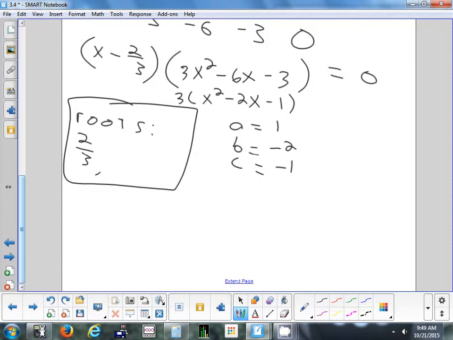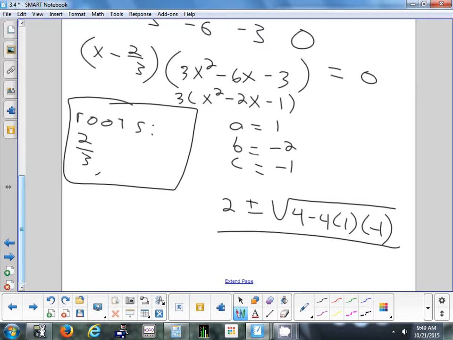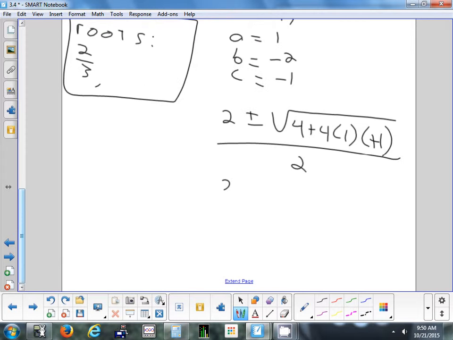All right, so we got negative b plus or minus the square root of b squared minus 4 times a times c, all over 2a. Minus a minus becomes a plus. 4 times 1 is how much? Plus 4 more? 8.